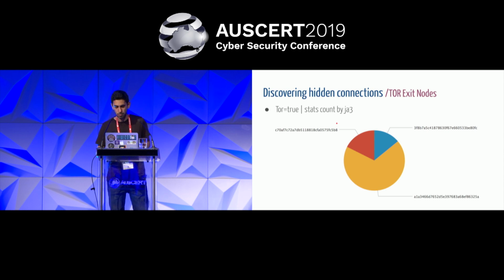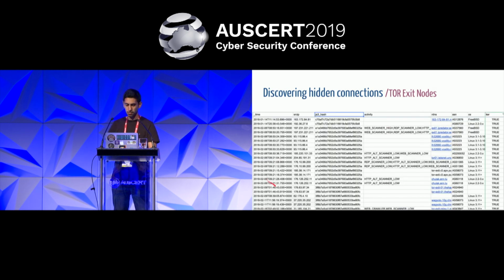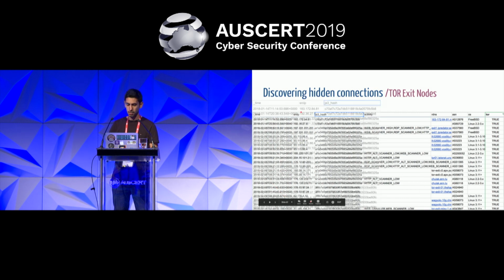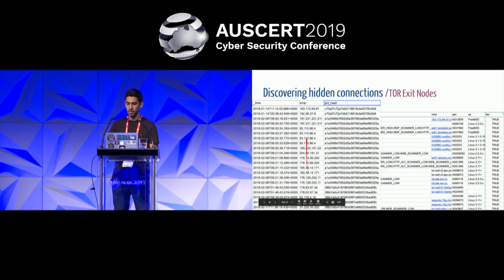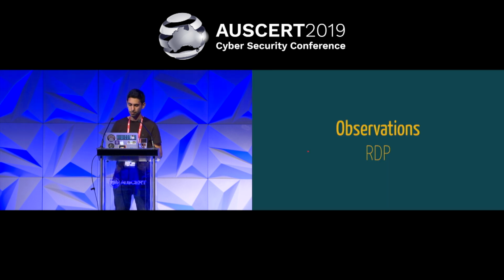There's also Tor exit node monitoring, where these IPs are completely different, but the geometries here can connect these IPs together, which means that this is the same actor using the same tool.